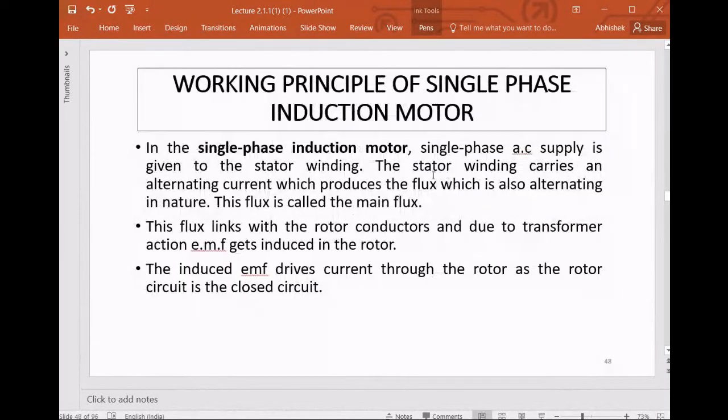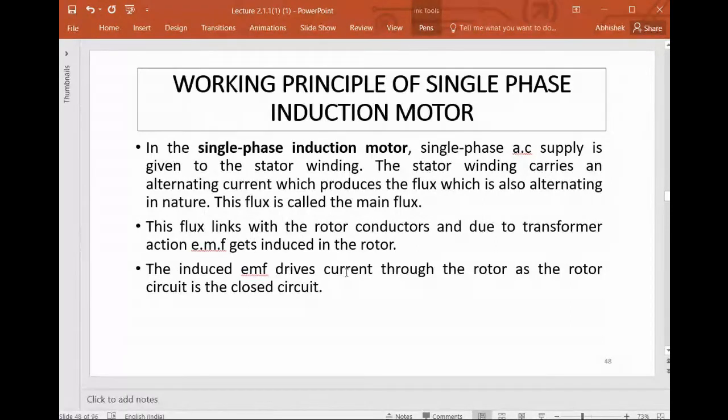The working principle is similar to what we have seen in the three phase. You can see right here in the single phase induction motor, single phase AC supply is given to the stator winding. The stator winding carries an alternating current which produces the flux, which is also alternating in nature. This flux is called the main flux. This flux links with the rotor conductor, and due to transformer action an EMF gets induced inside this rotor.